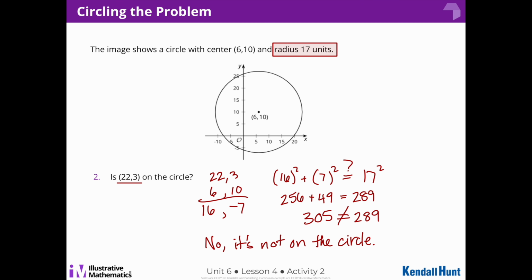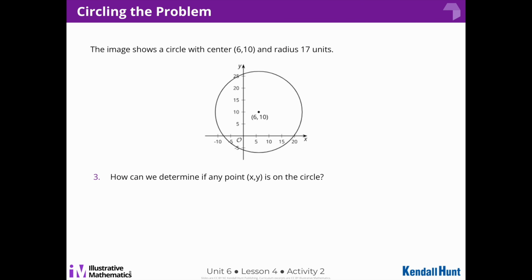Okay, so let's keep going. We've done this twice now with two different points. How can we determine if any point is on this circle? I used a couple of different points, did some subtraction between them, and then used those numbers to do the Pythagorean theorem.